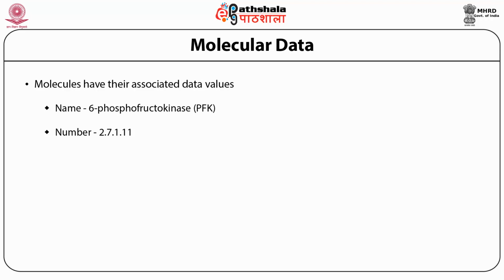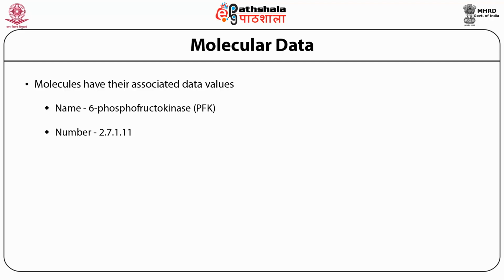This 4 digits number, which is unique for each enzyme, with each digit separated by a dot, is meaningful. For example, the first number 2 stands for transferase enzymes. The second number 7, in this example, is used for all phosphotransferases.